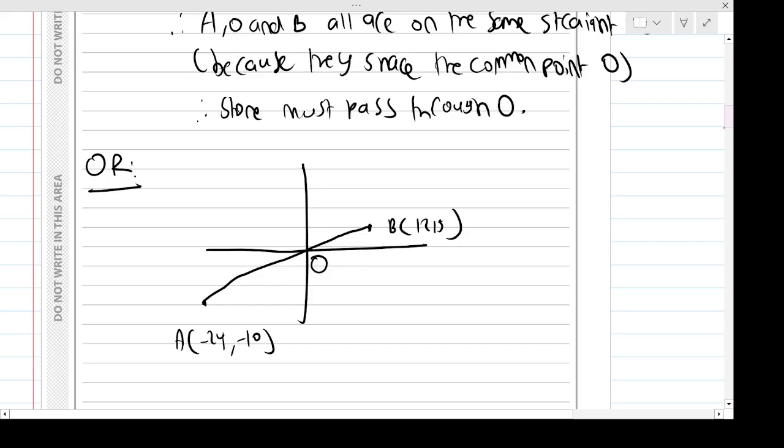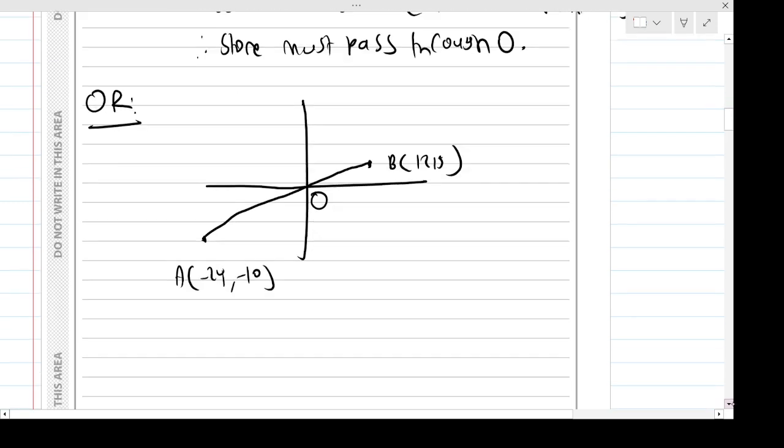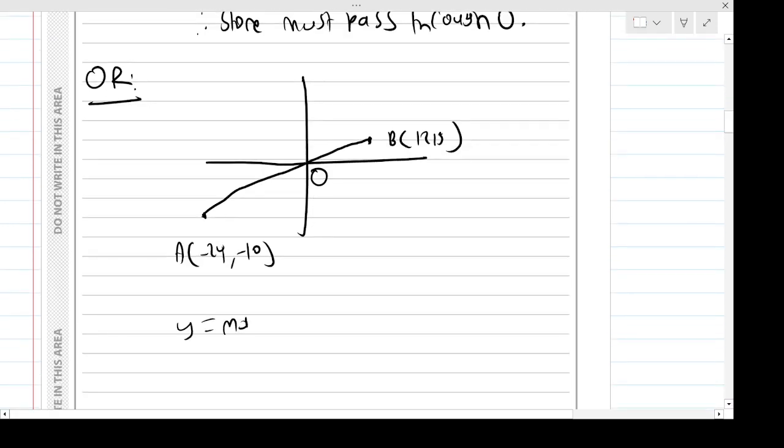To show that, let's just work out an equation from A to B, because we've got the 2 points. Any straight line, y is mx plus c, has a gradient. The gradient is changing y over changing x. So at B, y is 5, take away minus 10 from A. Then changing x is 12, take away minus 24.